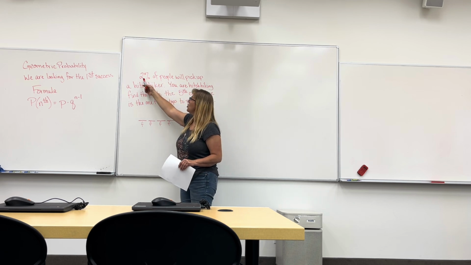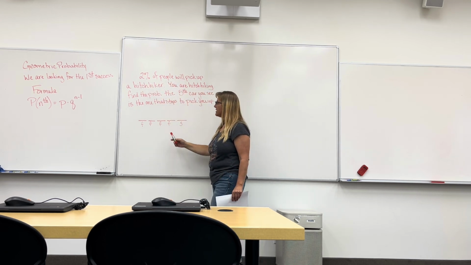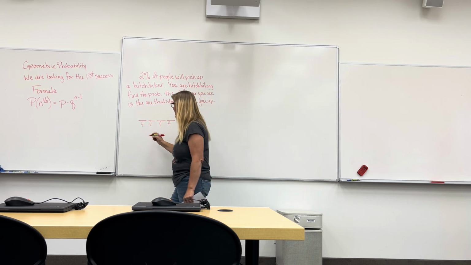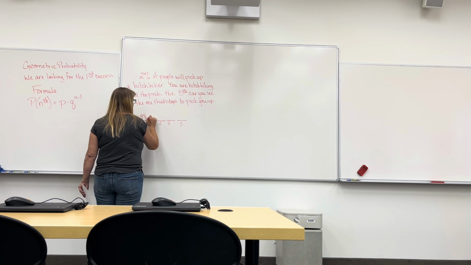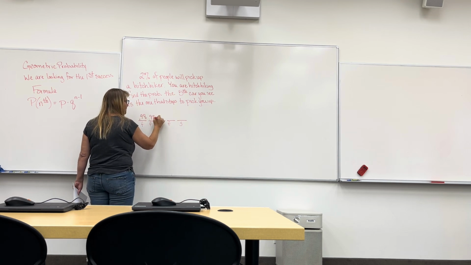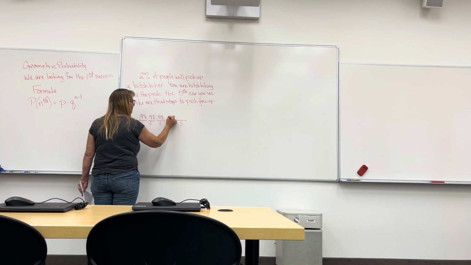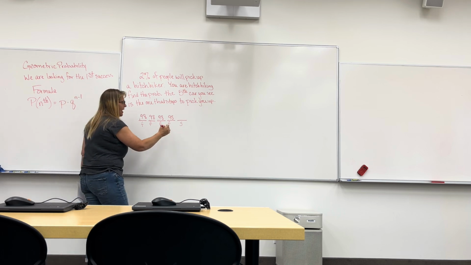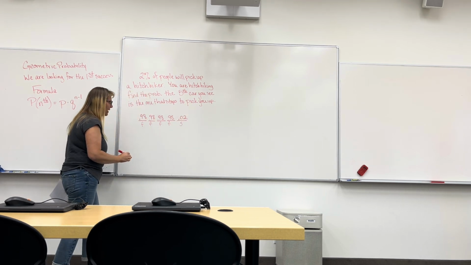Now, if there's a 2% chance that a person will pick you up, that means that there's a 98% chance that they won't. So failure is a 0.98. So we're gonna have a bunch of 0.98s here. And then finally, the last slot is going to be the success, and that gives us our 0.02.